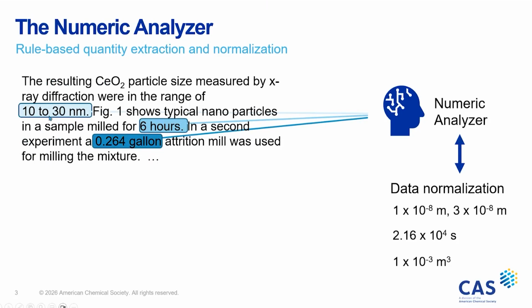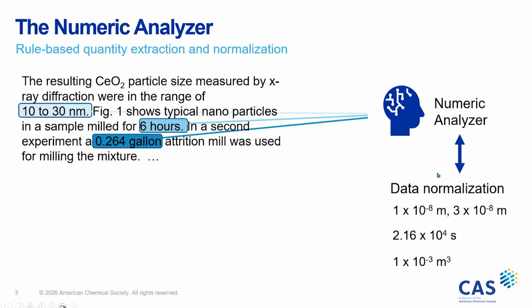We can have a look at a size range from 10 to 30 nanometers, a time frame of 6 hours, and a particular volume, an imperial unit in this particular case. Now, what this numeric analyzer is doing is identifying those numeric values and the units, and then associating them to particular properties.